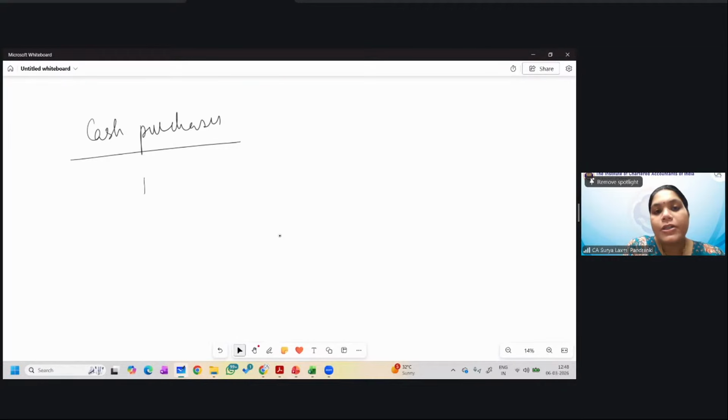Now, in cash purchases, what will happen? You will have to debit something and credit something. What will you debit and what will you credit in a cash purchase? Please reply in the chat box.